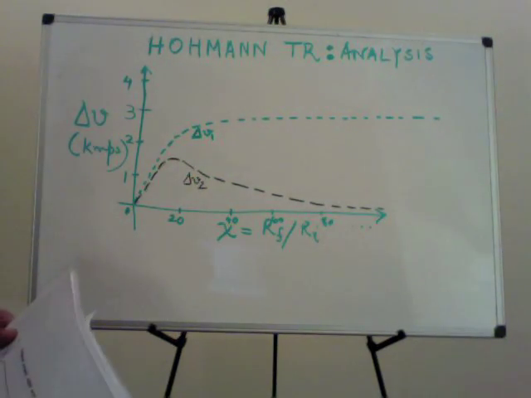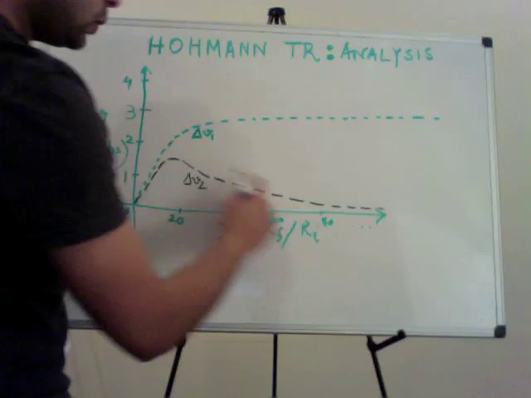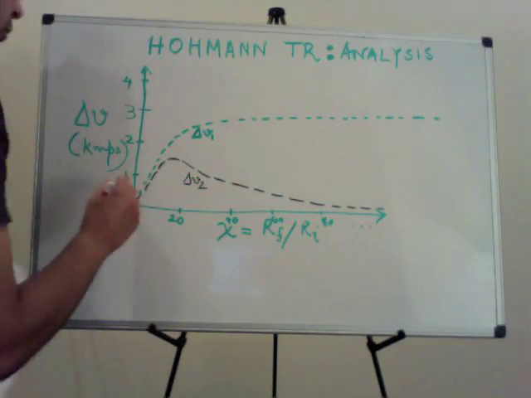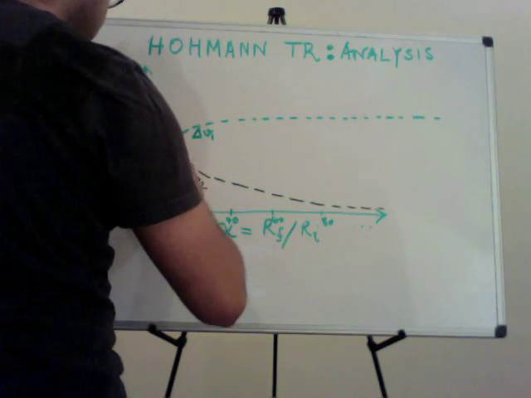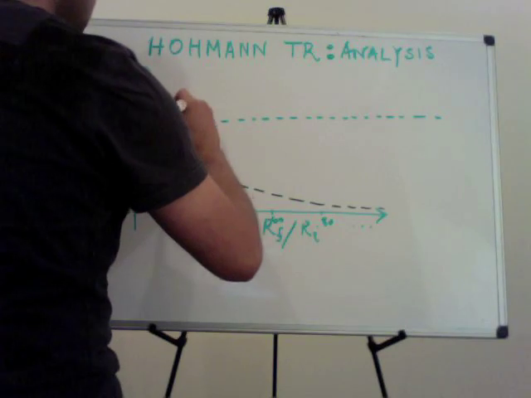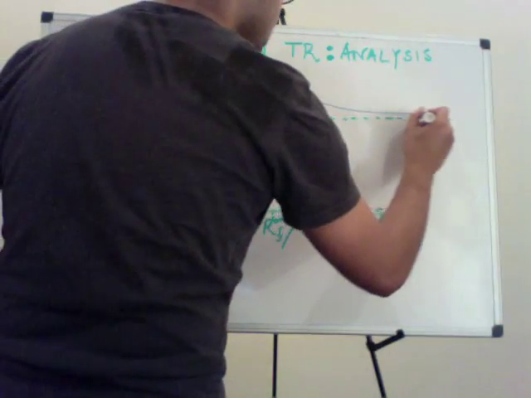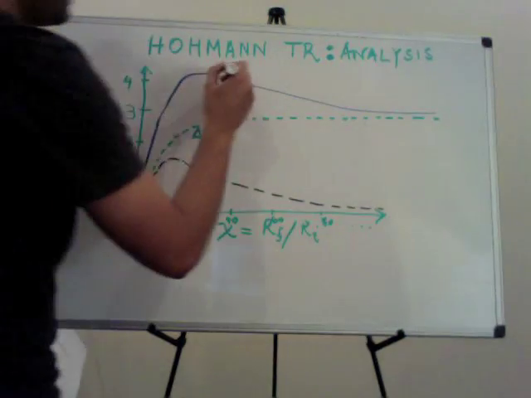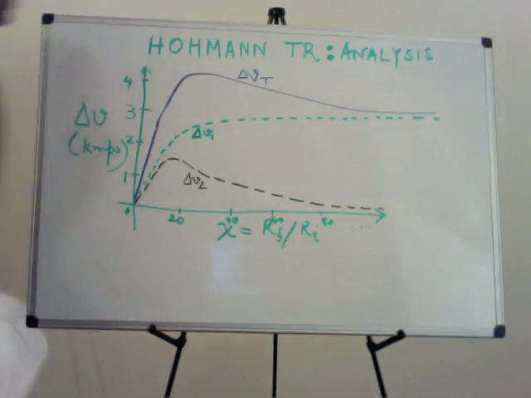When we add these two, we get the total delta V. Since this one is becoming flat and this one is falling down all the way to 0, the total delta V will show a similar trend. Add these two. This is delta V total.